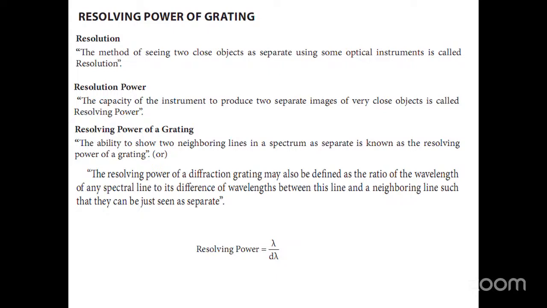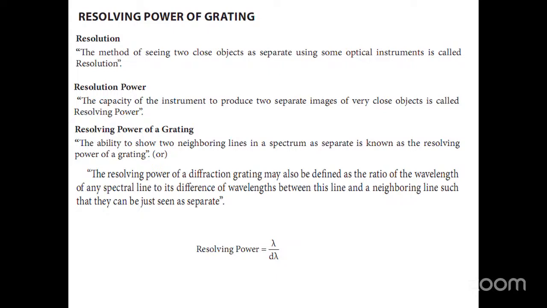The wavelength of sodium yellow light is 5893 angstroms. 1 angstrom equals 10 power minus 8 centimeters. You need to remember this; it is very, very important.